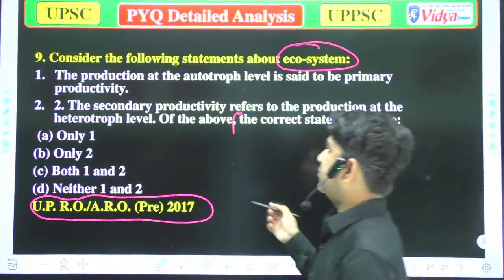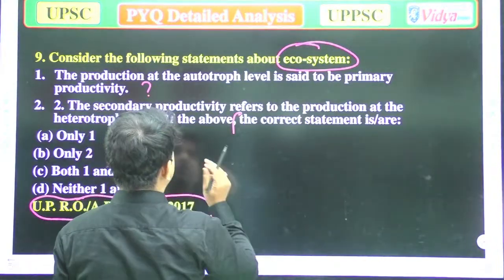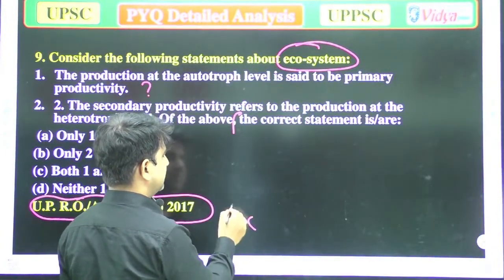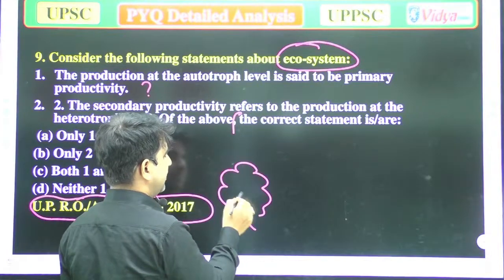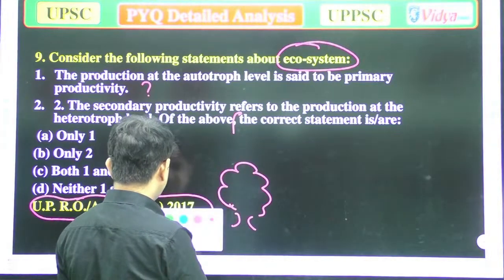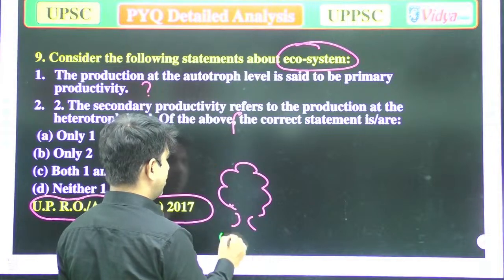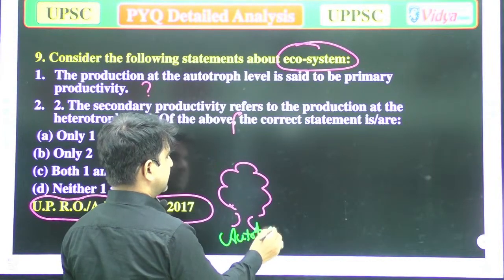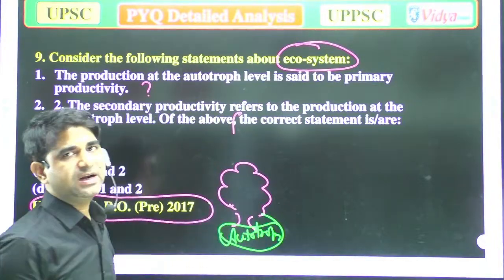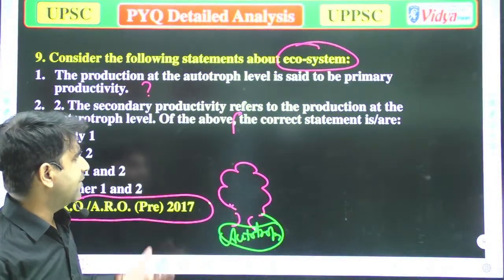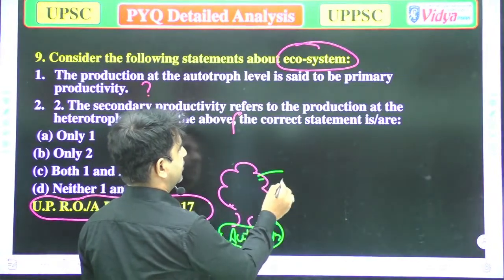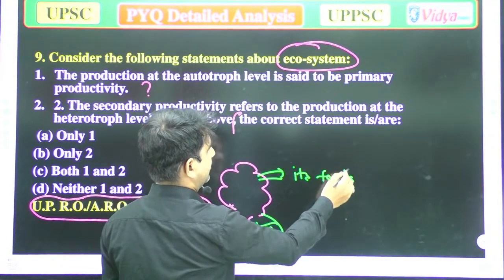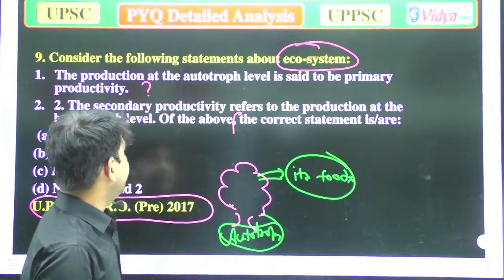Now we'll talk about the production at the autotroph level. Suppose it's a plant, and plants are mainly autotrophs. These plants have the ability to produce their food.